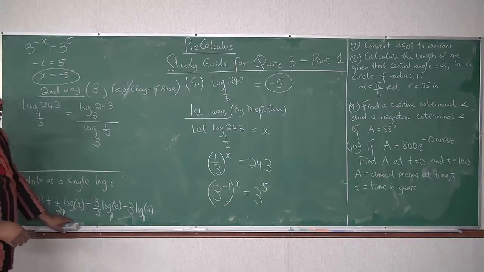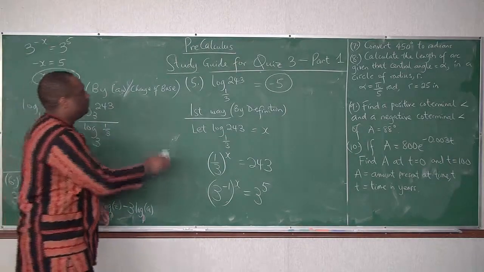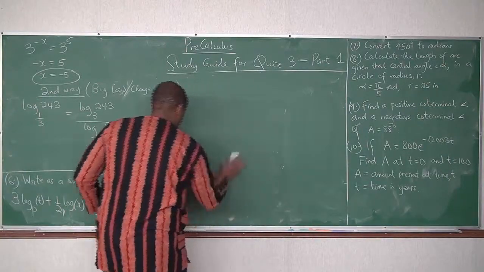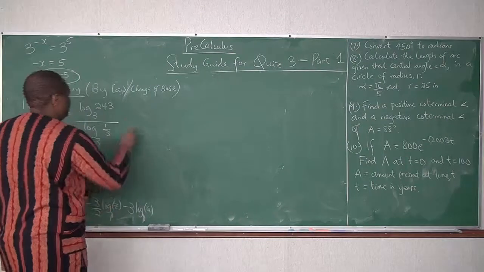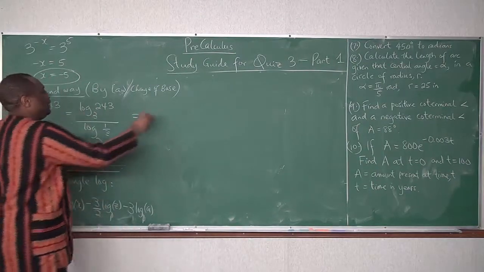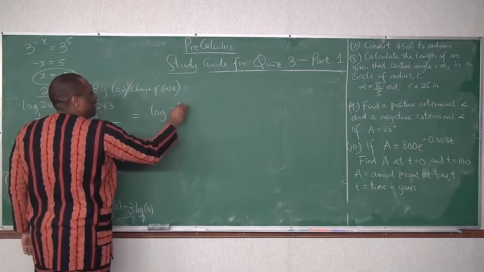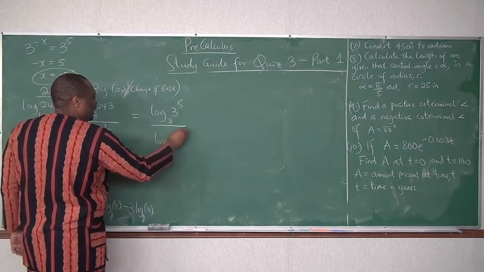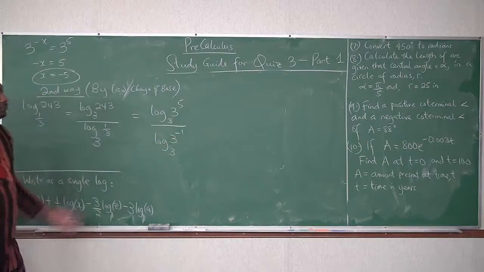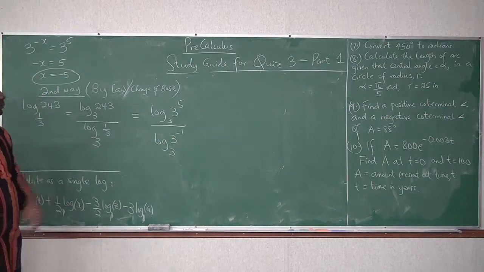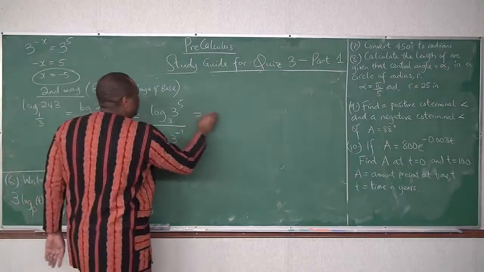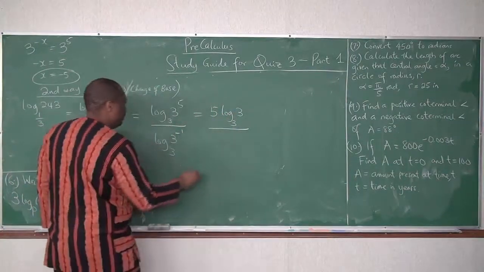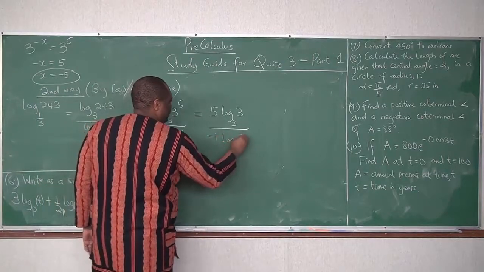I will have to erase this so that I can finish up from here. So what would this give me? This will give me log 3 raised to power 5 base 3 over log 3 raised to power negative 1 base 3. So this will be 5 log 3 base 3 over negative 1 log 3 base 3.